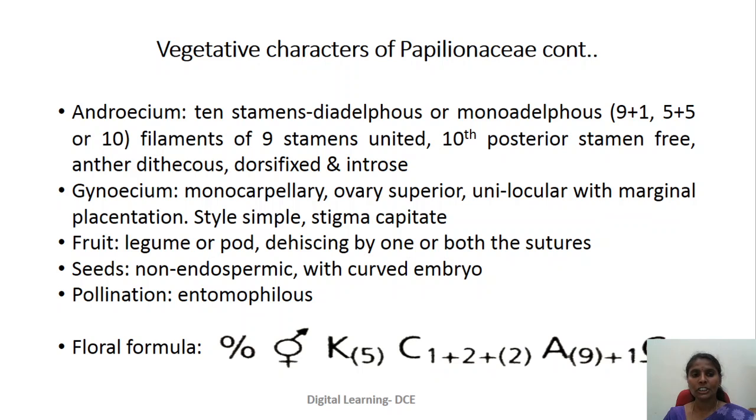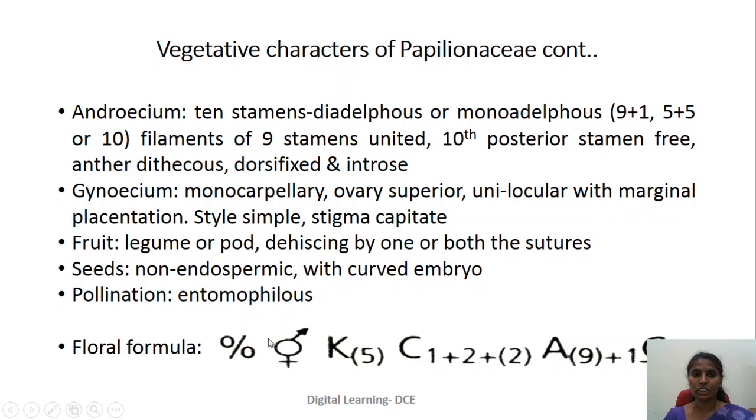The pollination in Papilionaceae is entomophilous, that means it is carried by means of insects. Since they are provided with brightly colored petals, the insects get attracted towards it to suck the nectar, hence aids in pollination.